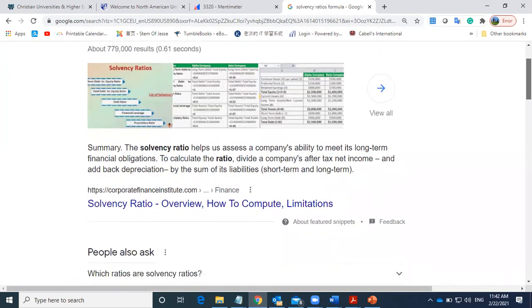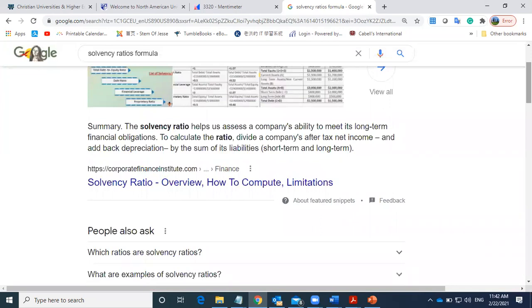Okay, so the solvency ratio assesses a company's ability to meet its long-term financial obligations. The liquidity ratio is for short-term financial obligations. That's the difference, so do not confuse the liquidity ratio and the solvency ratio.